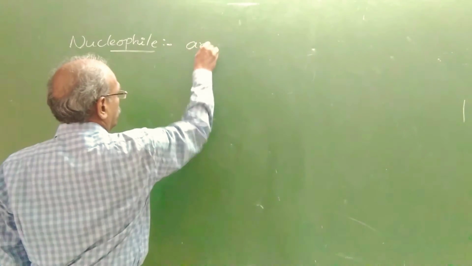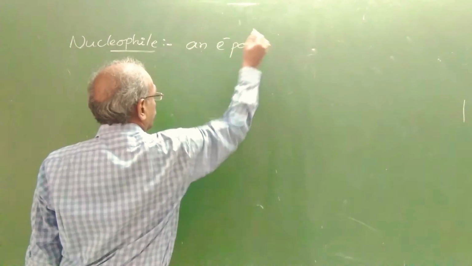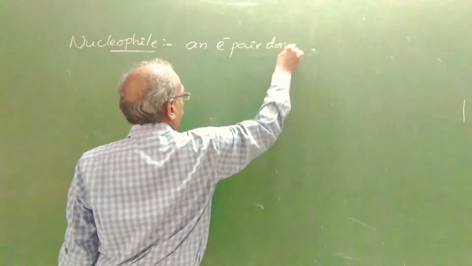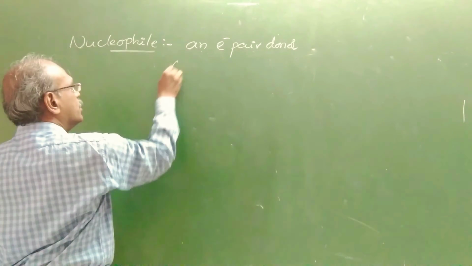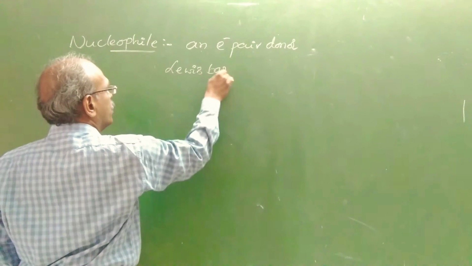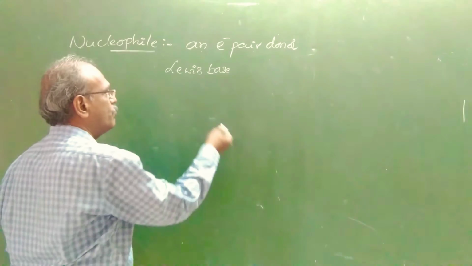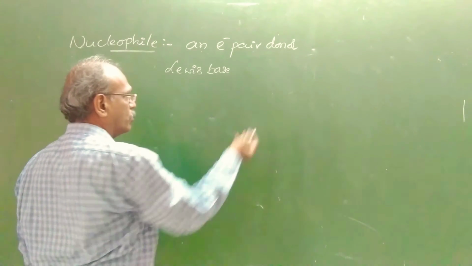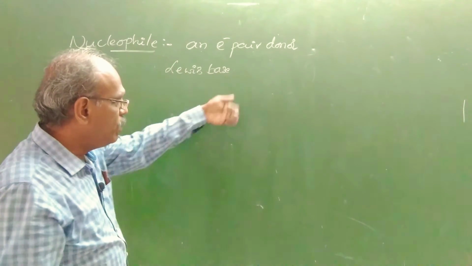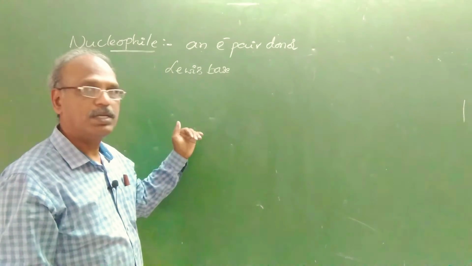Nucleophile is an electron pair donor. Electron pair donor. That is, it acts as a Lewis base. Lewis base. See, for example, negatively charged particles.